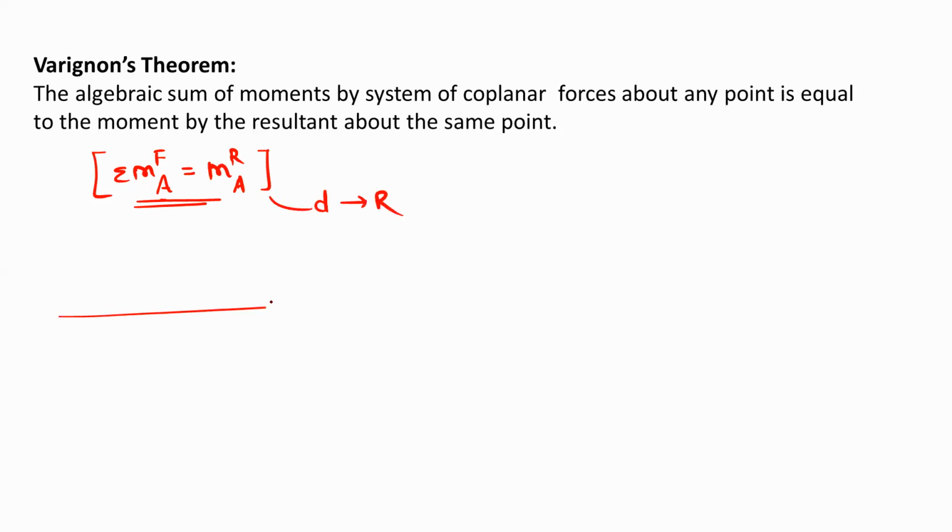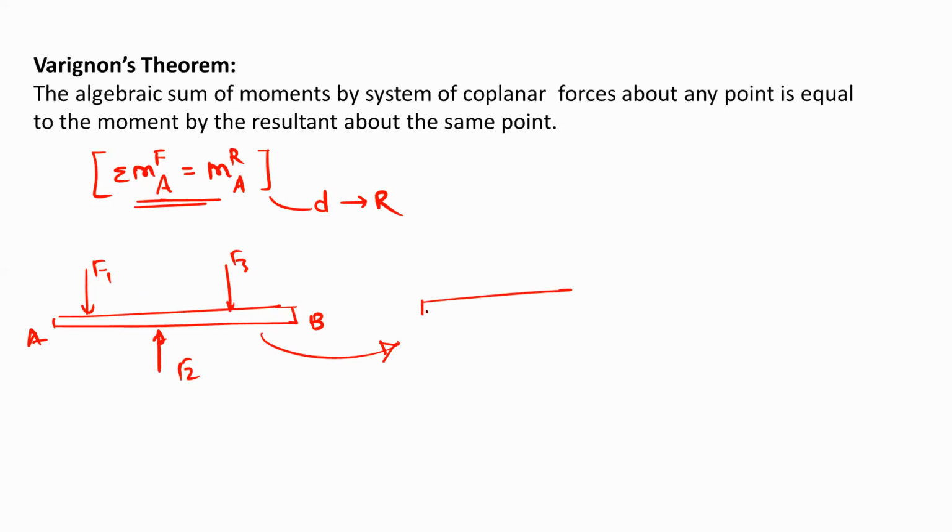So suppose we have one system where different forces are acting on an object AB. Suppose we have F1, F2, F3, okay? And we convert this system into an equivalent system, that is, a system of the resultant. And suppose the resultant is acting like this.